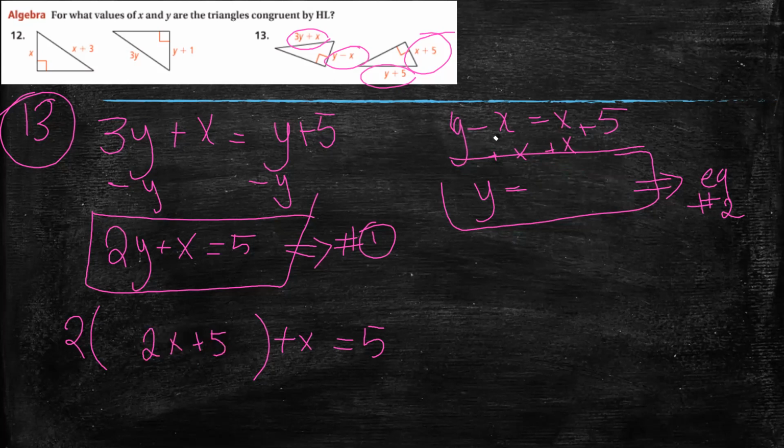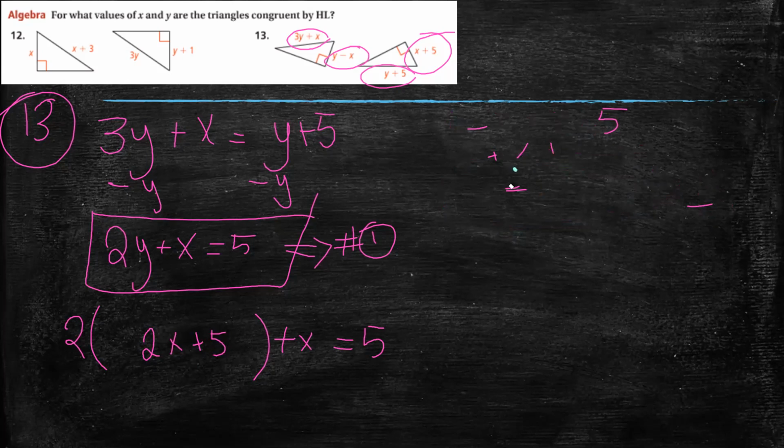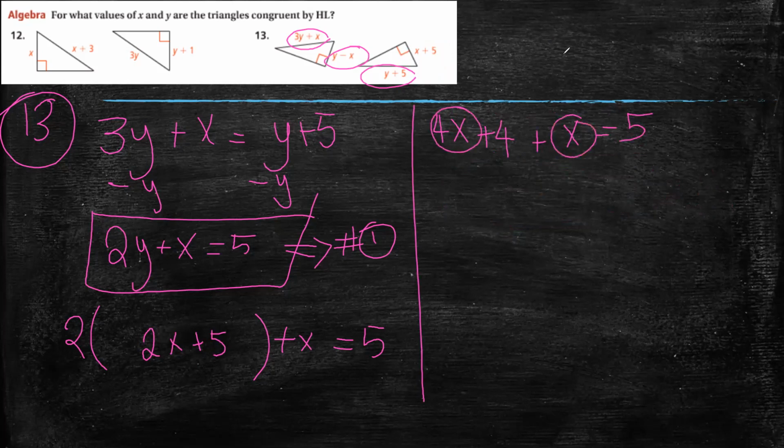Then after that, two times 2x is 4x, plus 4, plus x is equal to 5. So 4x plus x is equal to 5x, equal 5 minus 4, which is 1.